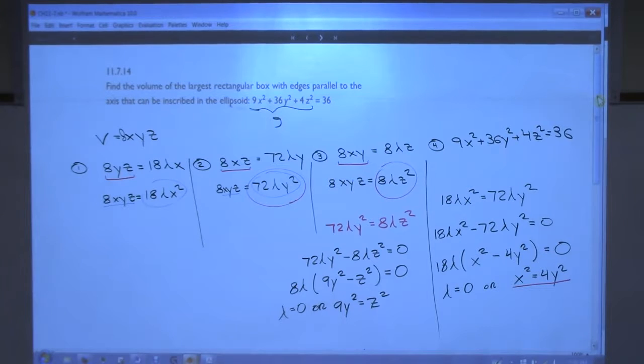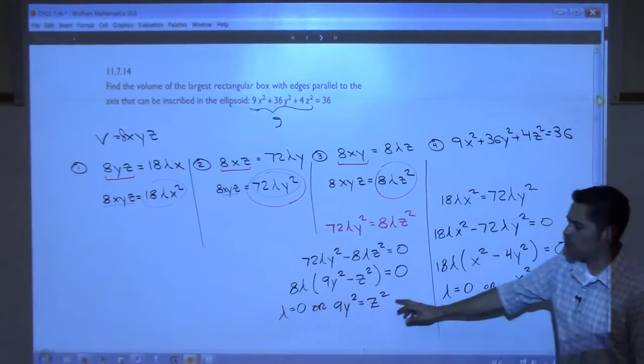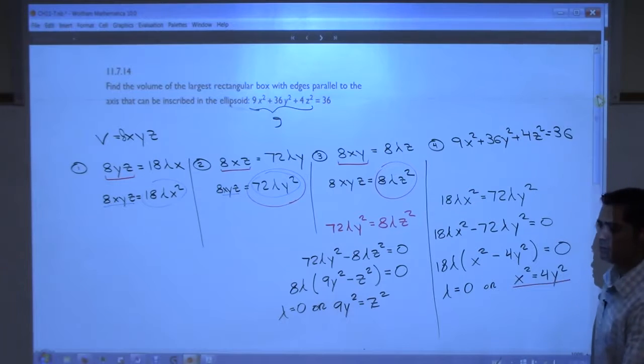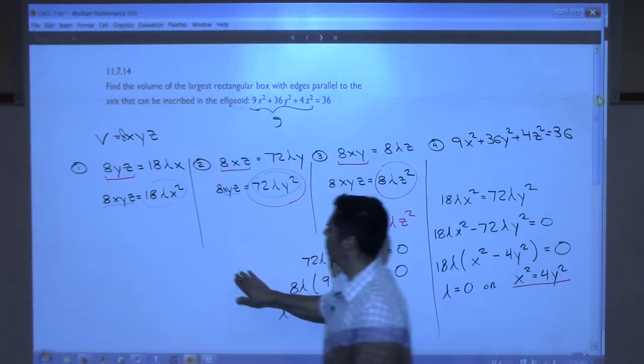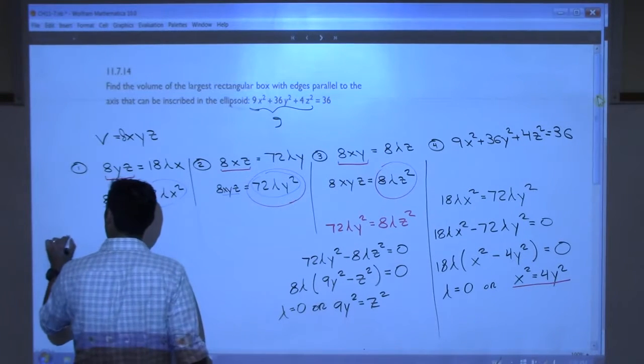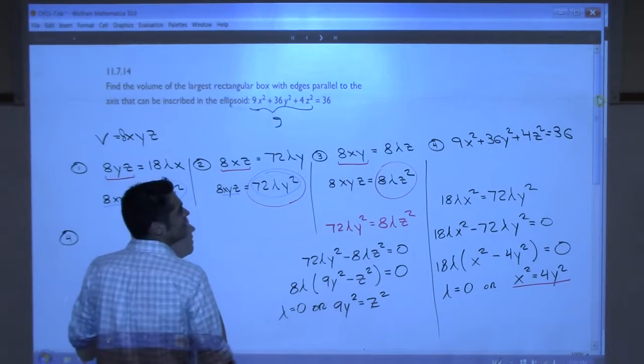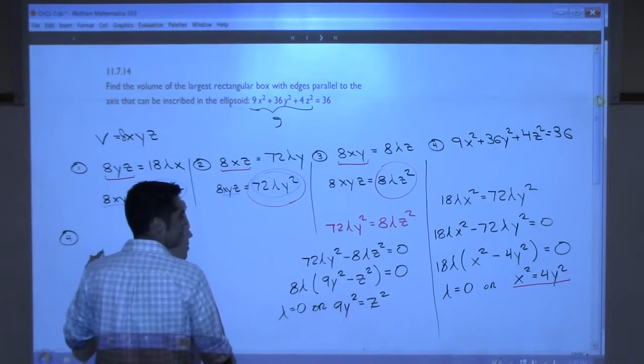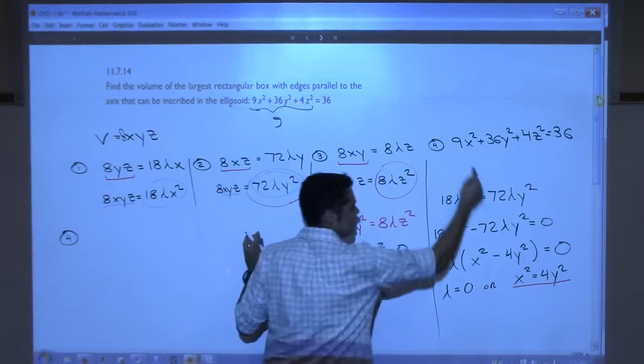Okay, let's go and write equation 4 down. We're going to let x squared be 4y squared. We're going to let z squared be 9y squared. So from equation 4, we have 9 times, what's 9 times x squared?